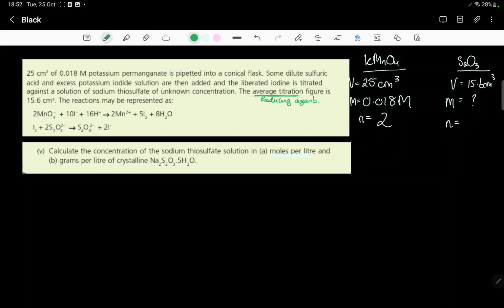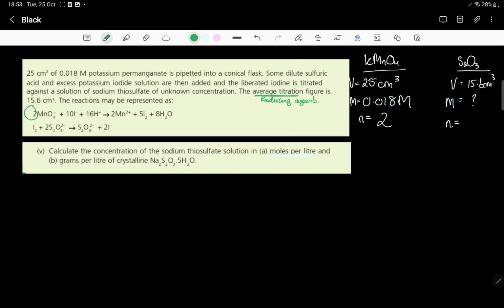Now you may be tempted to just look at this and say, okay, well here I got the number for the potassium permanganate. There's no sodium thiosulfate in this reaction because that is in the conical flask. But there's a 2 here in front of the sodium thiosulfate, so I'm just going to put in 2. But that would be incorrect because we need to work with these simultaneously.